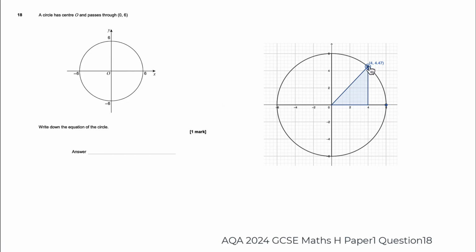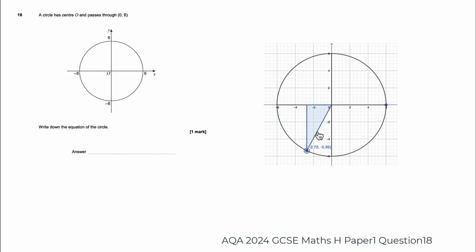It doesn't matter whether that circle's there or moves around a bit, it will always be true that the x coordinate squared plus the y coordinate squared will give you 6 squared. If we go into a different quadrant where the x coordinate here is negative, when you square that you'll get a positive value and the result will still be true.